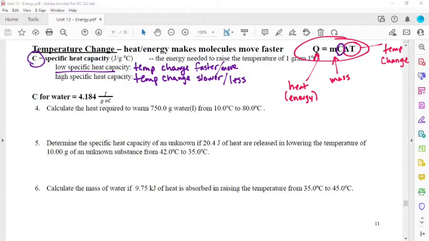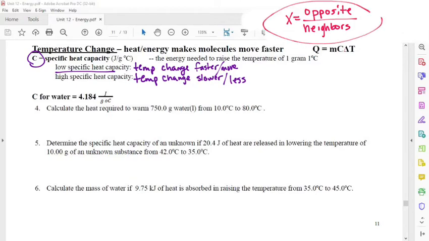And real quick, before we do them, I want to help you rearrange this equation a little bit with a quick reminder of this general idea. Whatever variable I'm looking for, whatever my x is going to be equal to the opposite side over its neighbors. Now, we don't need to use this to solve for q, because we already have an equation for q.